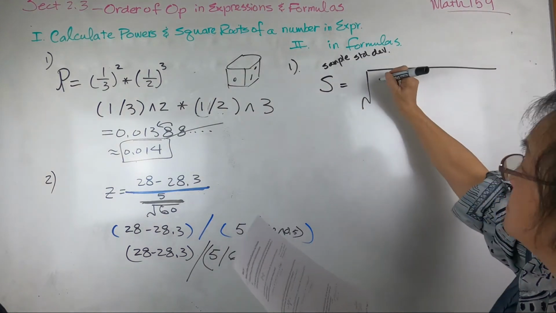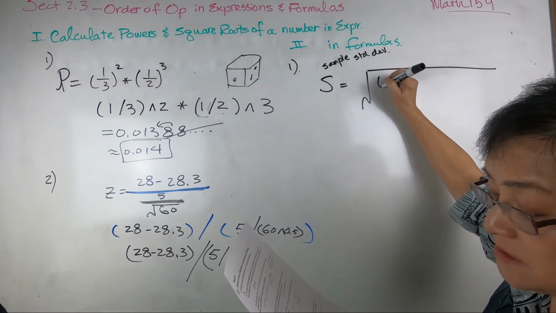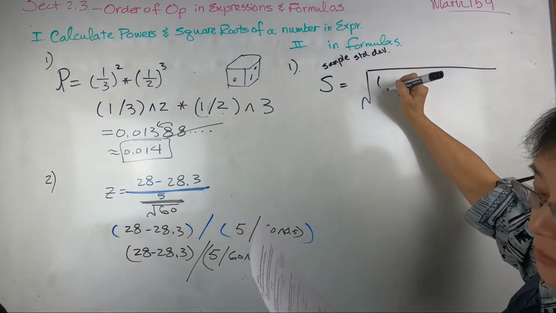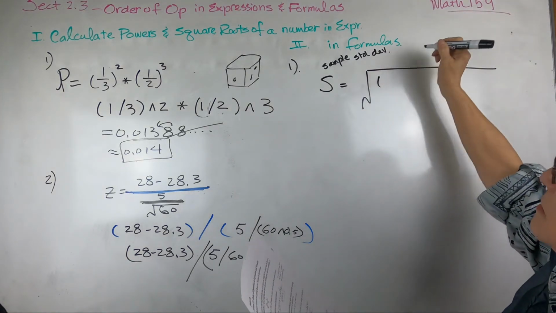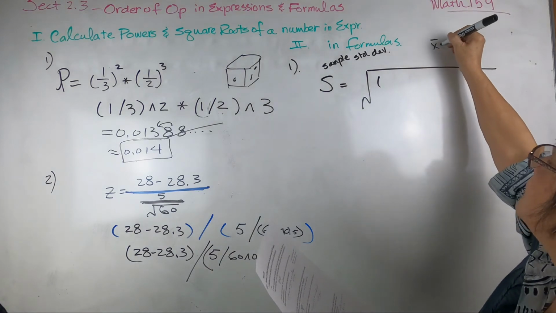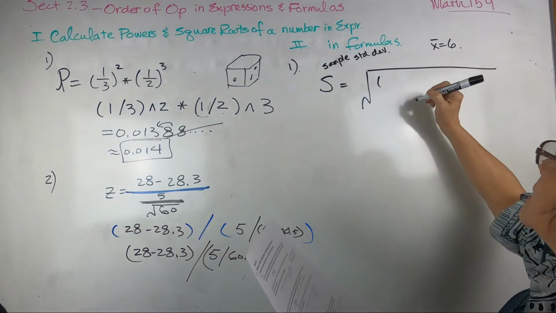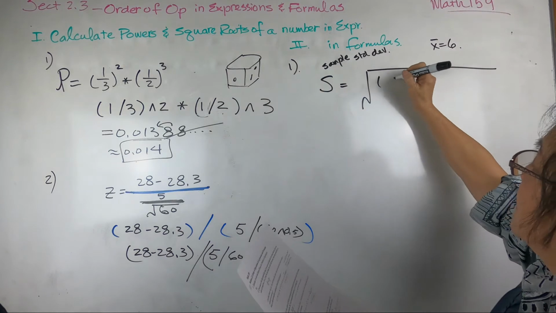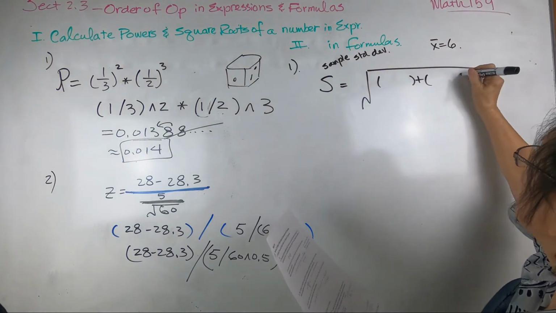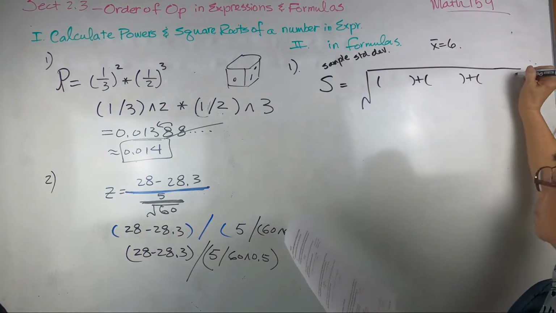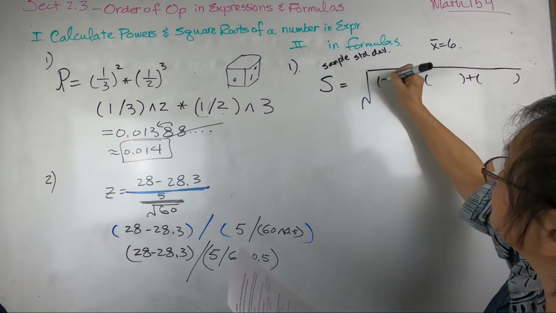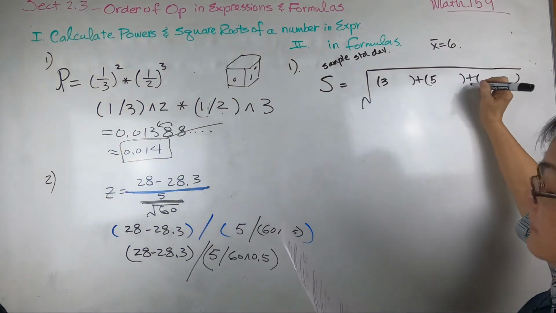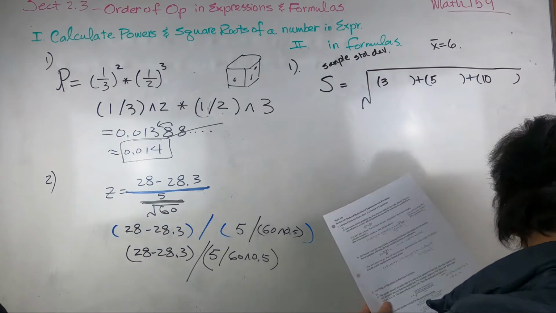You have the mean, which is the average. It's 6. Then we have 3 numbers: 3, 5, and 10.